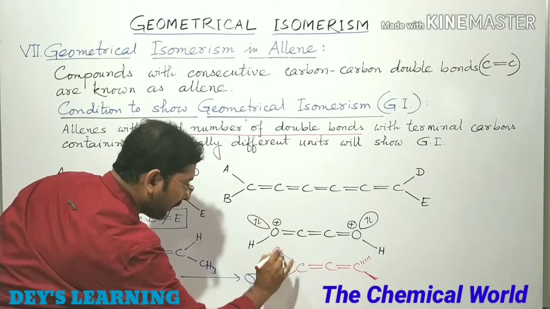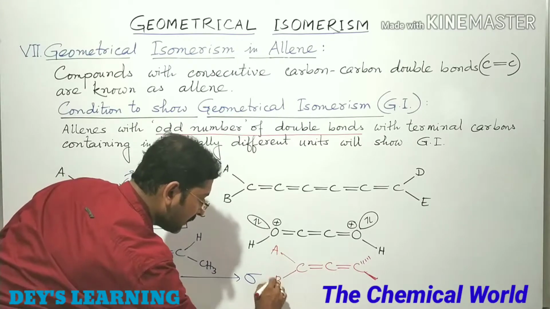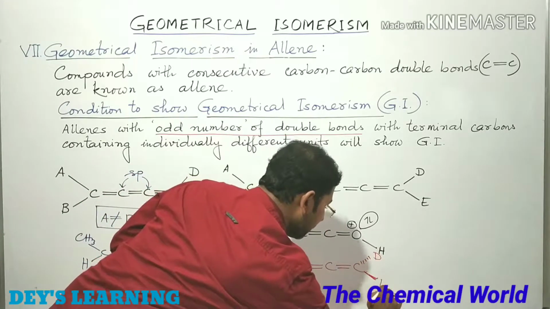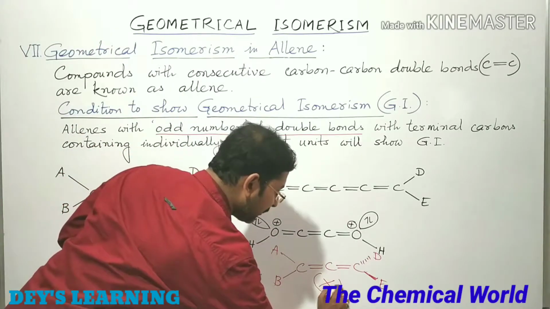So this is your group A, this is your B, A, this is B, and this is D, and this is E. Then this molecule will not show geometrical isomerism.